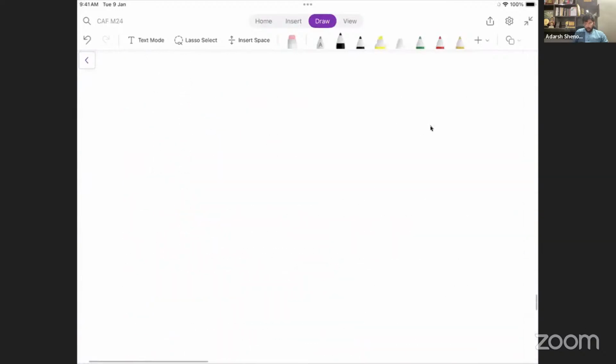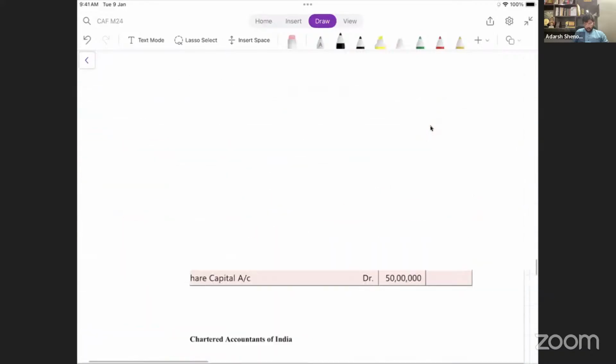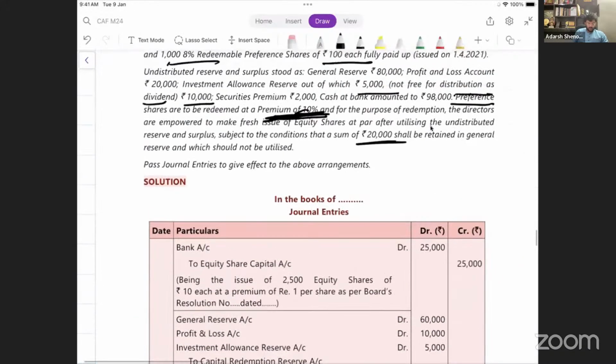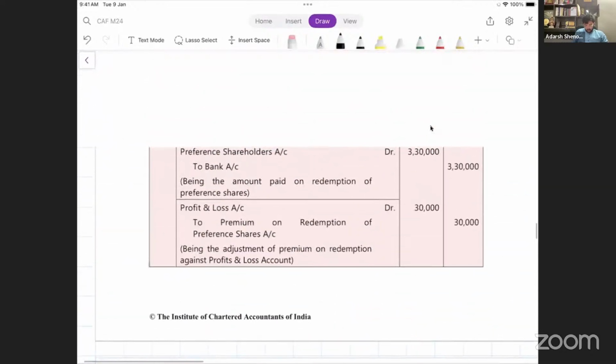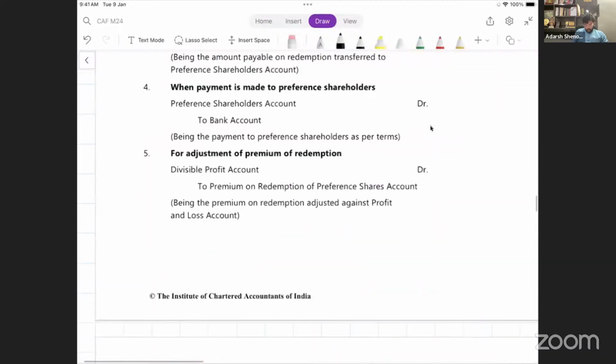There's some small concepts left. Major stuff done. Now, small concepts are left in preferential redemption. So it's a very small chapter and a very easy chapter. What are the concepts left?